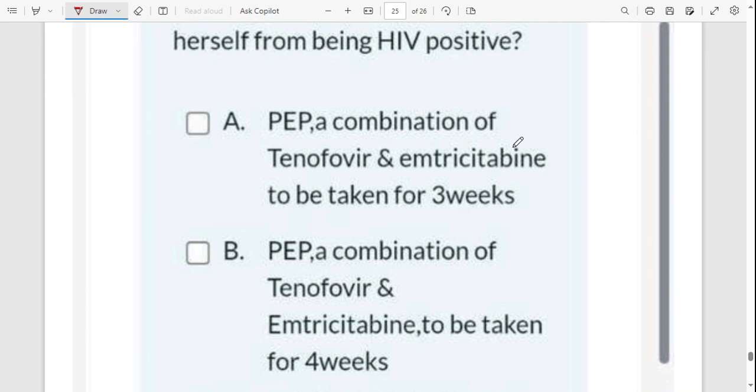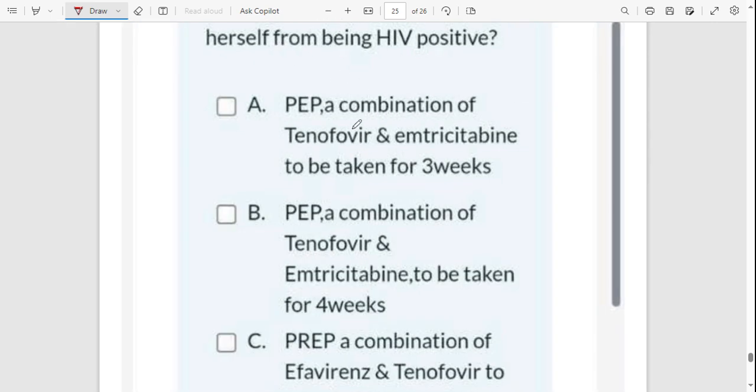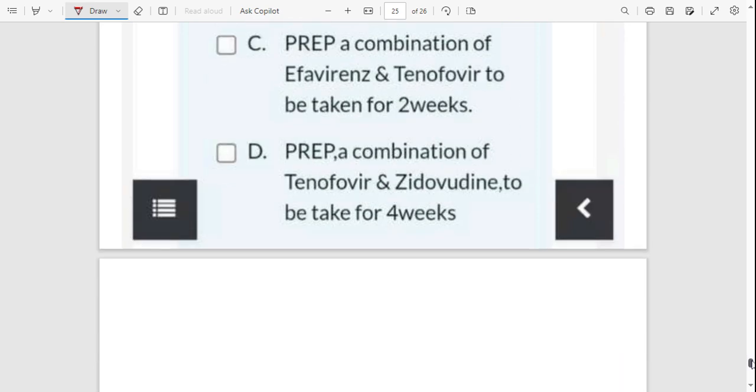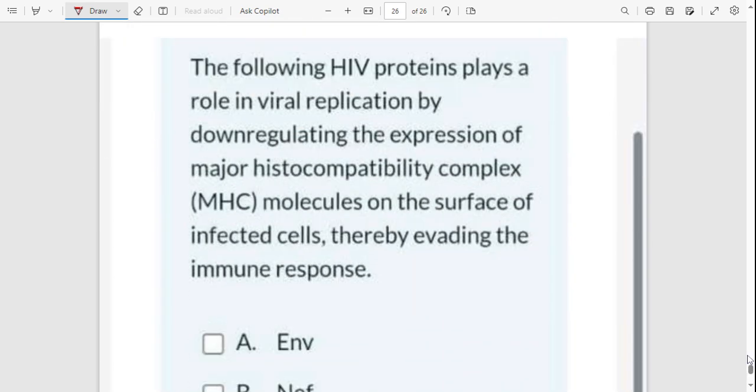Now, after having sex, when you suspect that someone has HIV, the drug that you take in that condition is a PEP drug, and that is a combination of tenofovir and emtricitabine, and is taken within 4 weeks. So that's the two combinations of PEP. PrEP is mostly taken before having intercourse.